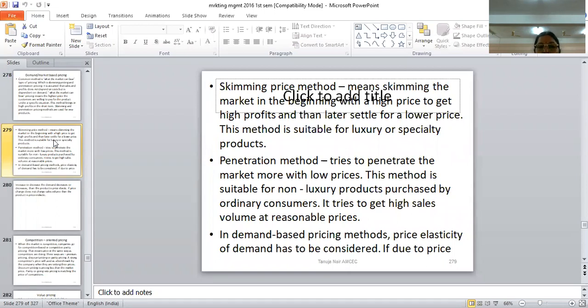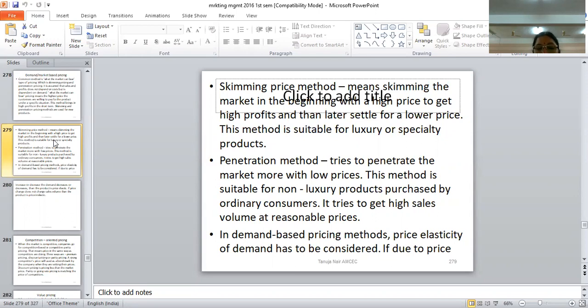So next is the penetration method. In the penetration method, the company follows this strategy by introducing the product at a very low price into the market. Why they are introducing the product at a low price is they want to penetrate or cover large areas of the market.